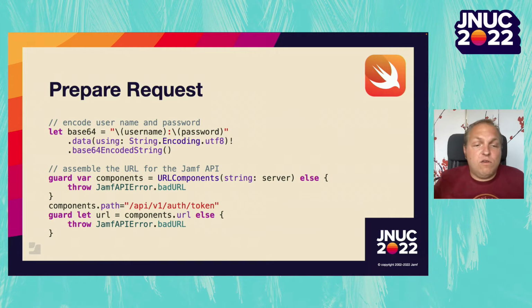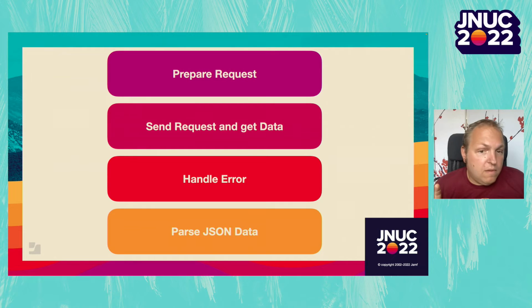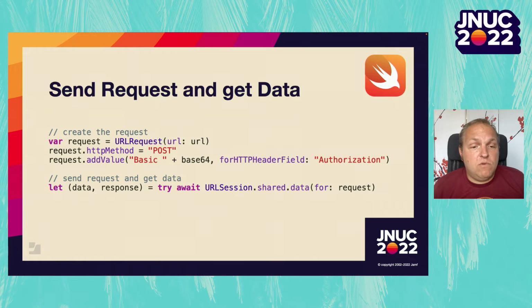And we can just take the server string and the path and put them together, and URLComponents will take care of all the string escaping and all the other rules that we have when assembling URLs. And that's really nice. The next step is to send and request the data. And in Swift, we have an object called URLRequest and another object called URLSession that does this for us.